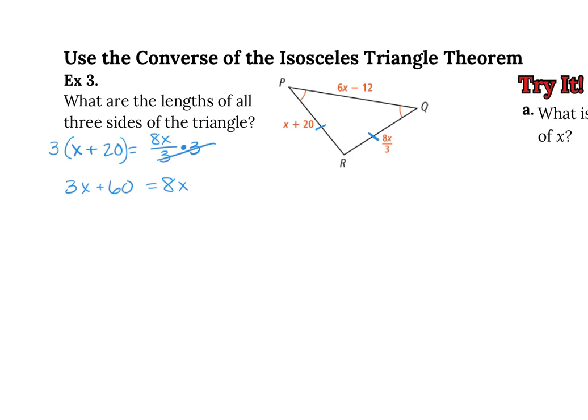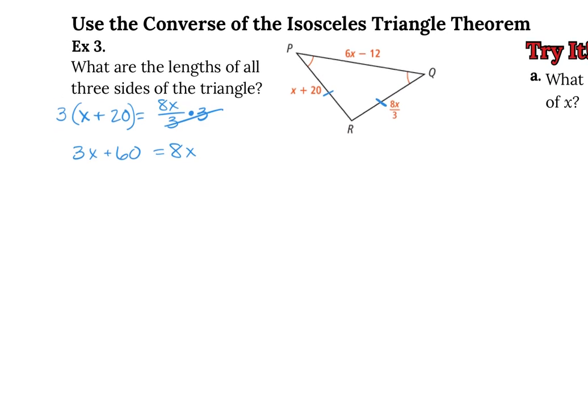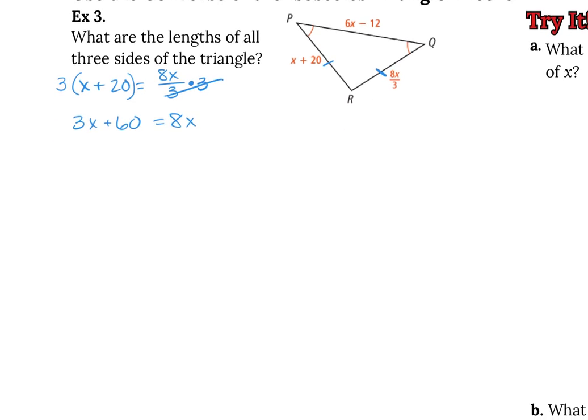And I'm just left with 8x. I will move a variable. And then divide by 5. So I'd get 12 equals x.